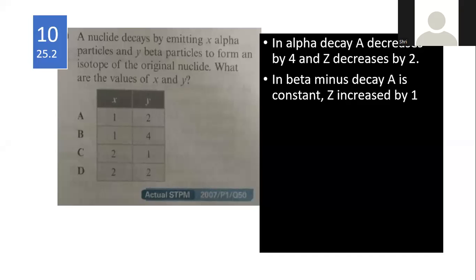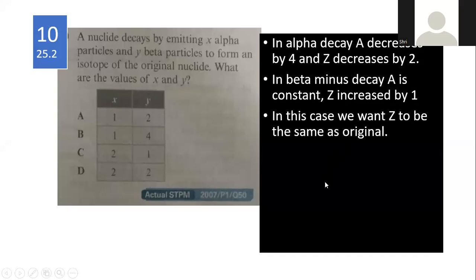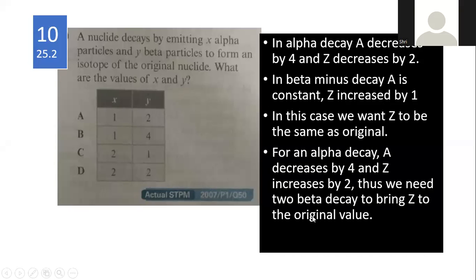Z increases by 1. So there is a decrease in 2 here, so increase to Z, to beta. So you're right. You want the Z to be the same as the original Z after the alpha decay. So answer is A, good.